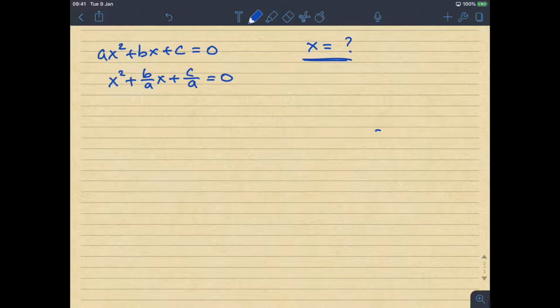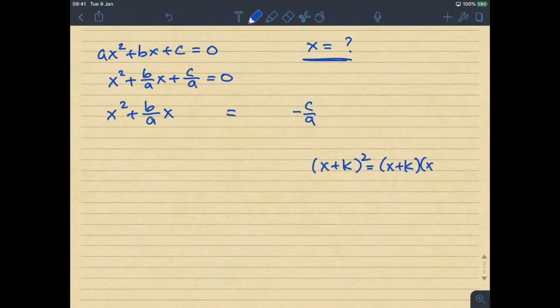So we have x squared plus b over a x, and now I'm going to move the c over a to the right hand side. Now in order for you to understand how completing the square works, if I give you this expression, x plus k all squared, k being a constant, if we expand that, I'll go through it from scratch so you know what's going on.